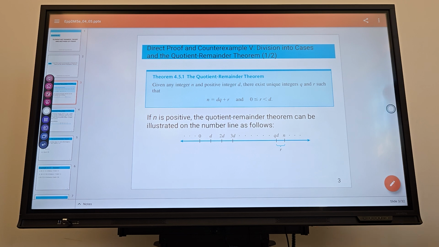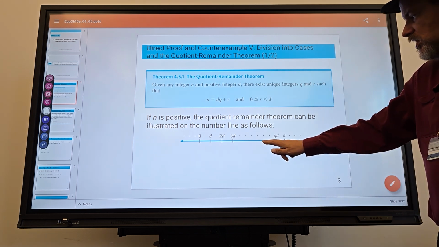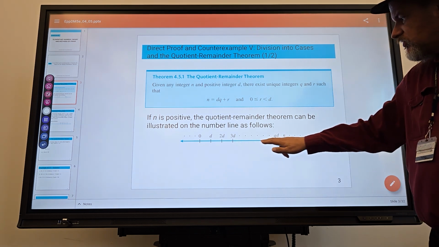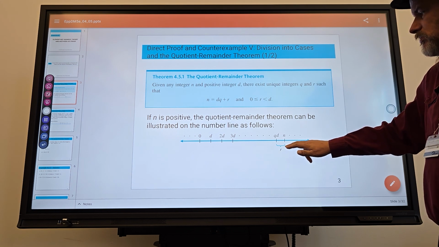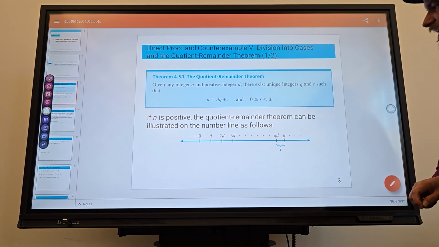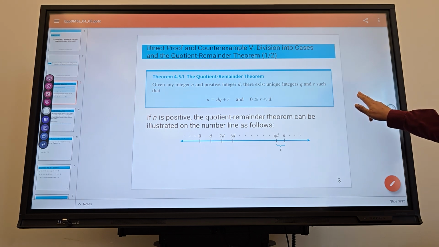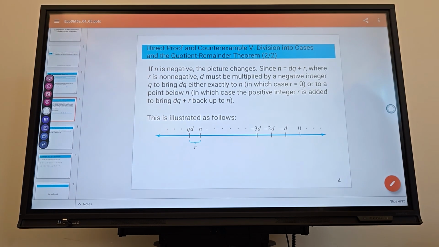So if n is positive, the quotient remainder theorem can be illustrated on this number line. Some quantity times d plus r equals n. Division into cases. If n is negative, the picture changes.